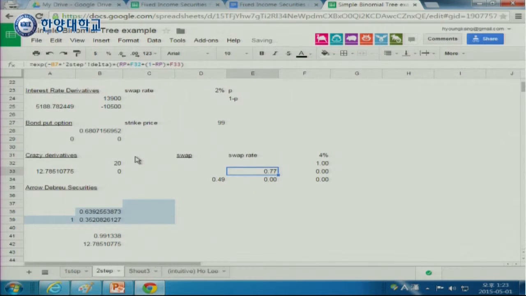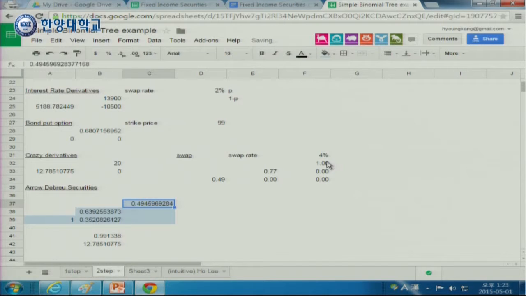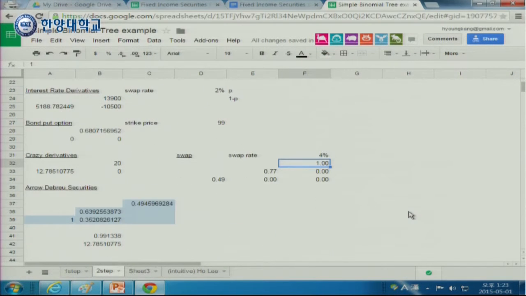Same. Okay. So for the Arrow-Debreu security that pays $1 at this particular state, this one should be the same as this one. Value. And for the Arrow-Debreu security that pays $1 in the other scenario, we can change this one to 0 and 1, and the value is this one.